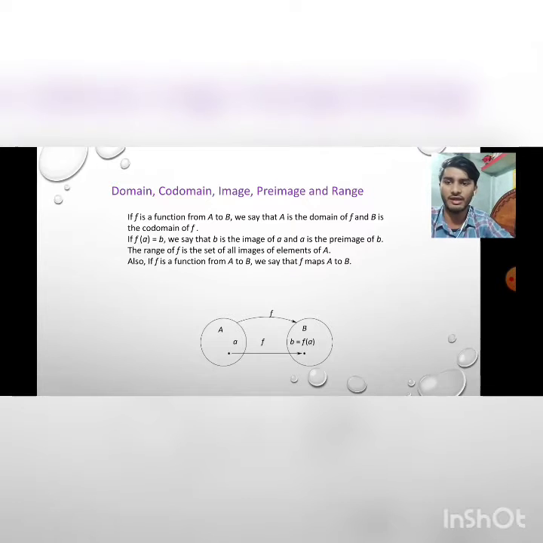The range of f is the set of all images of elements of A. Also, if f is a function from A to B, we say that f maps A to B.